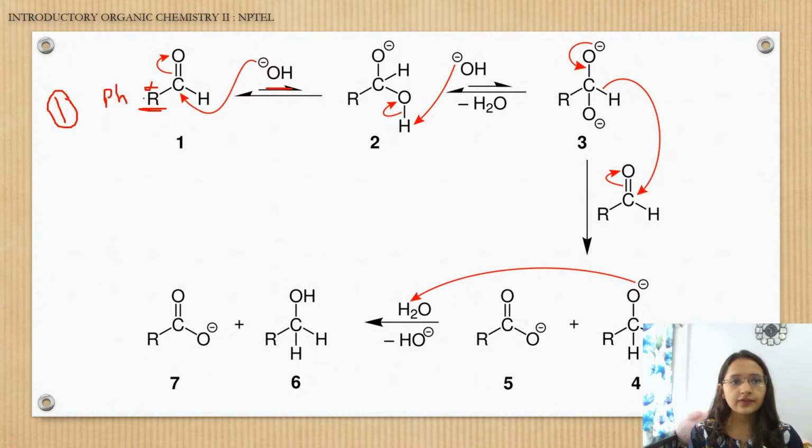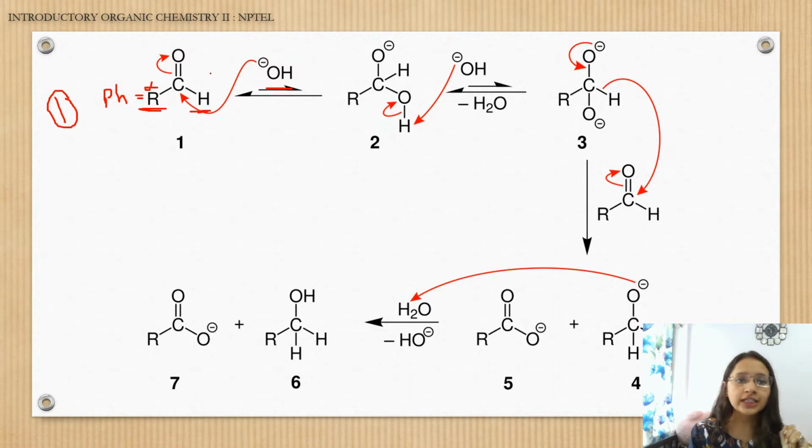If this R is an aromatic ring, this benzene ring, is there any alpha hydrogen present in the system? No, because in the benzene ring there is no sp3 hybridized proton, right? And obviously the base will not abstract this aldehydic hydrogen. So there is no alpha hydrogen present in this system for the base to abstract. So there is no acidic proton.